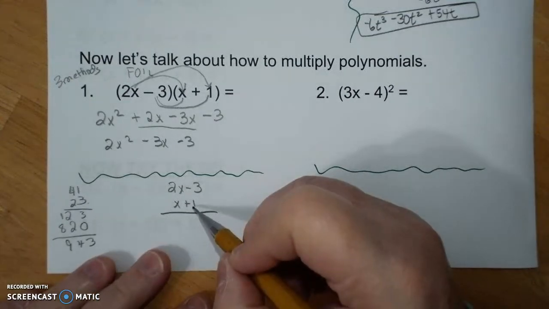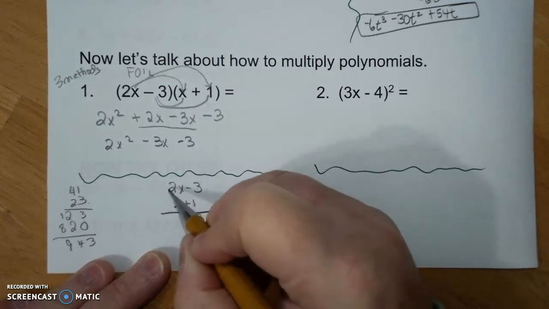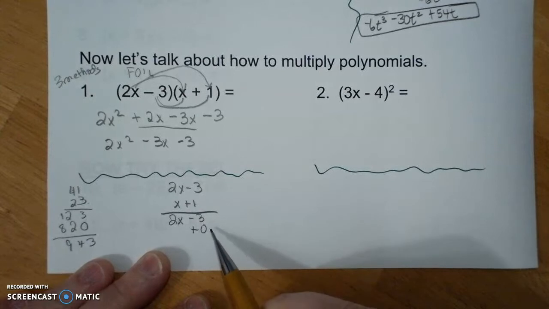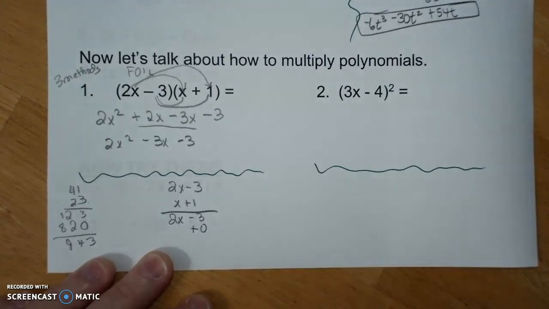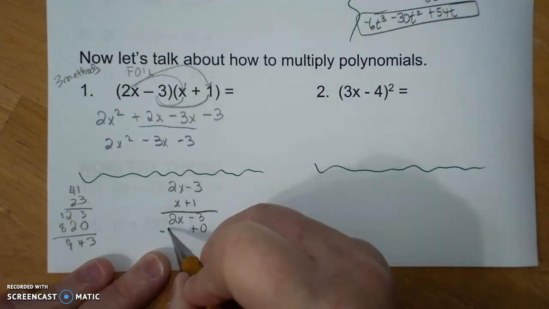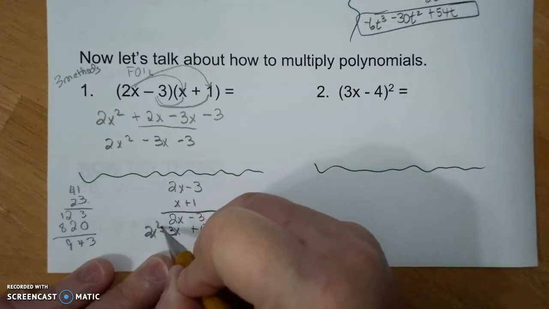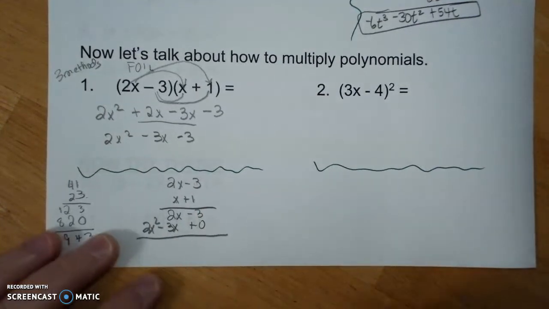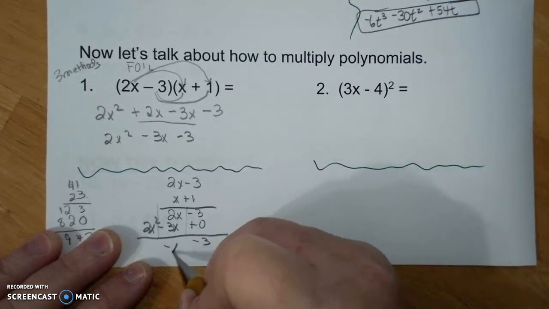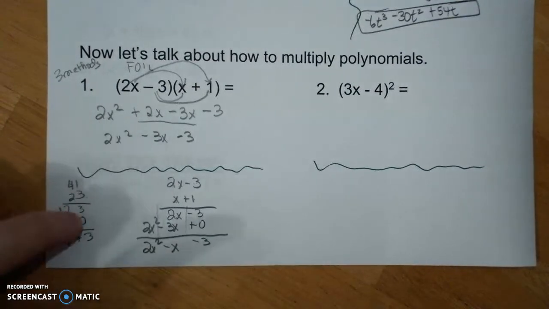So I go 1 times negative 3 is negative 3, 1 times 2x is 2x, placeholder 0. I know 0 doesn't have a positive or negative, but in my brain it's positive 0, just so it lines up. X times negative 3 is negative 3x. X times 2x is 2x squared. And by me doing this, my terms are now lined up, where that's negative 3, negative x, and 2x squared. And I end up at the same place.